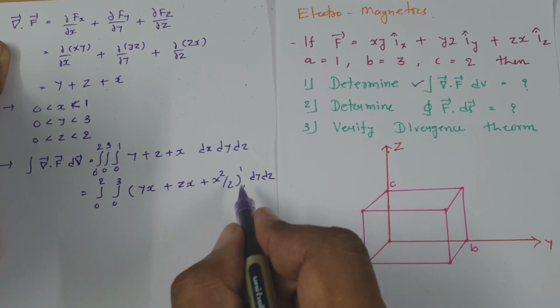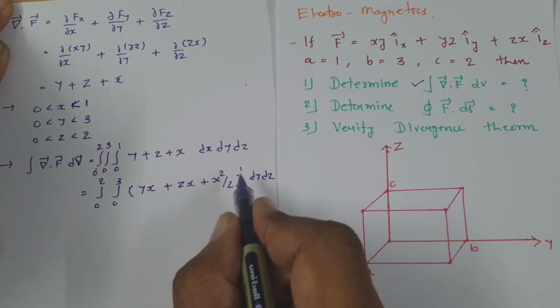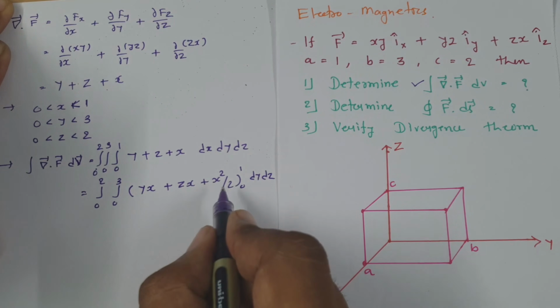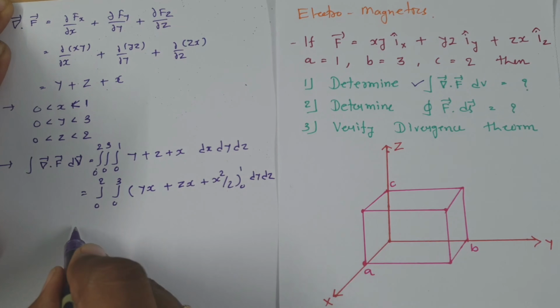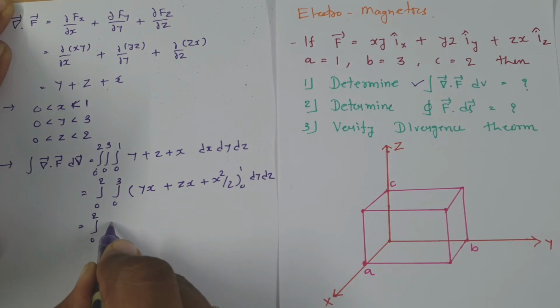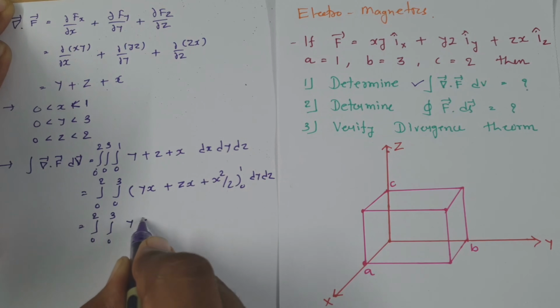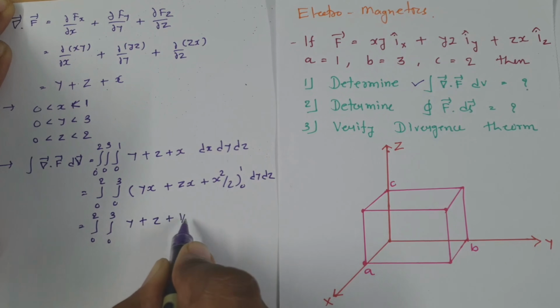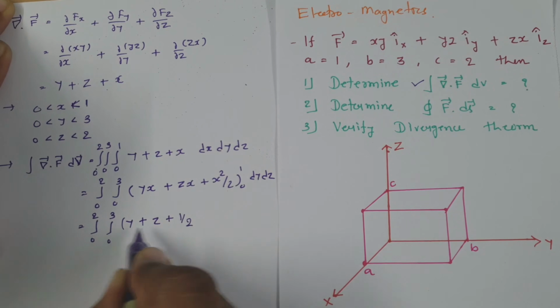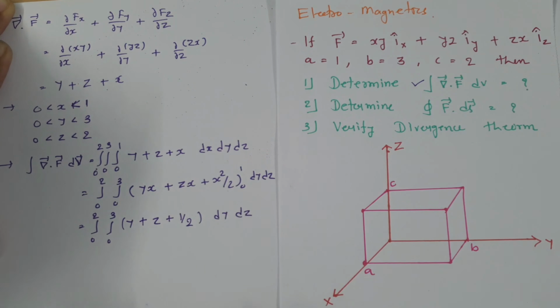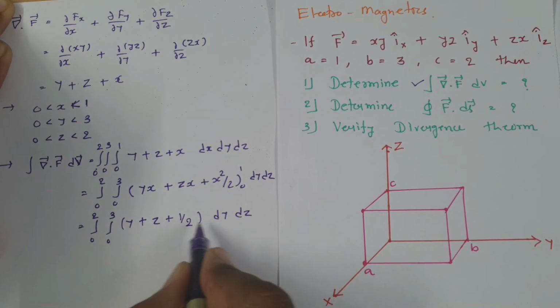Now if you place the limit where x varies from 0 to 1, placing 0 gives 0, but placing 1, with z varying from 0 to 2 and y varying from 0 to 3, gives y plus z plus 1 by 2, dy dz. Now we need to integrate this with respect to y.